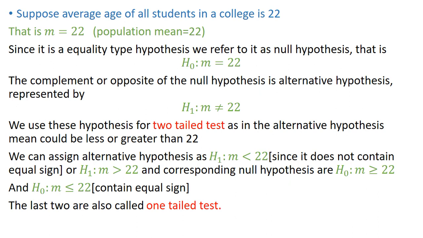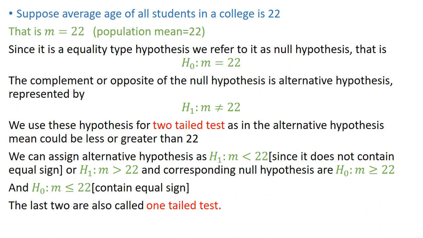So the null hypothesis contains an equal sign. We will denote the null hypothesis by H0, and mu equal to 22 is your decision. The complement or opposite of the null hypothesis is the alternative hypothesis. We will denote it as H1, and it is mu not equal to 22.